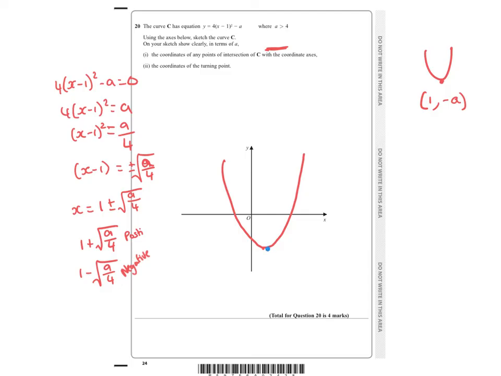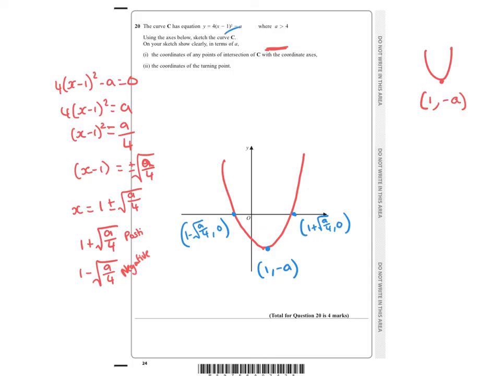So we're going to have our minimum value here of 1, negative a. We know this value here is going to be 1 plus root a over 4, 0. This value here is going to be 1 minus root a over 4, 0. And then the only thing we're missing is our y-intercept. Our y-intercept happens when x equals 0.